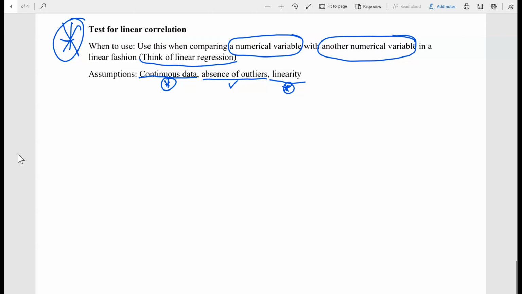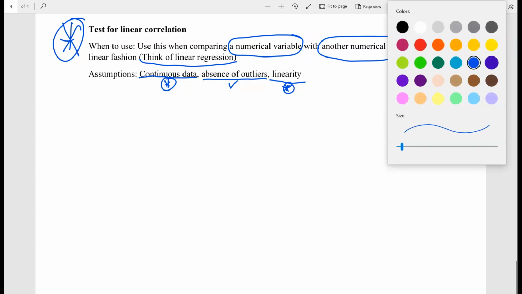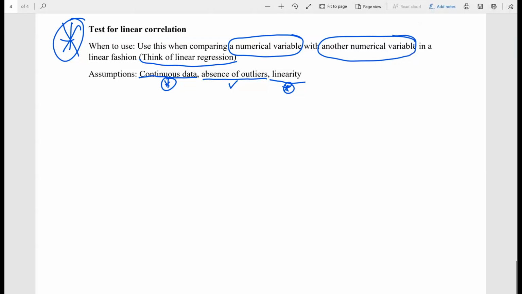Okay, so how do you do this? Typically, there are many different ways to write your null and your alternative, but the way that we're going to write it is the following. We're going to say slope is 0, slope is not equal to 0.